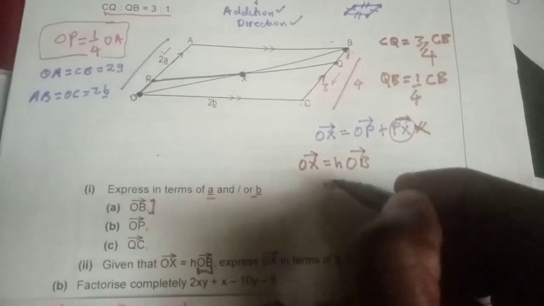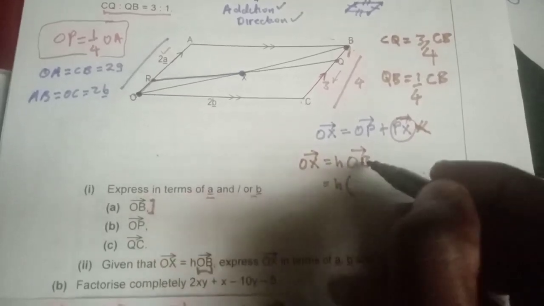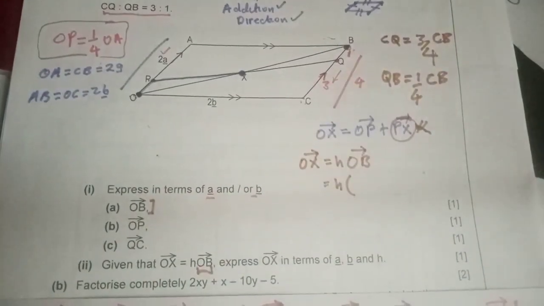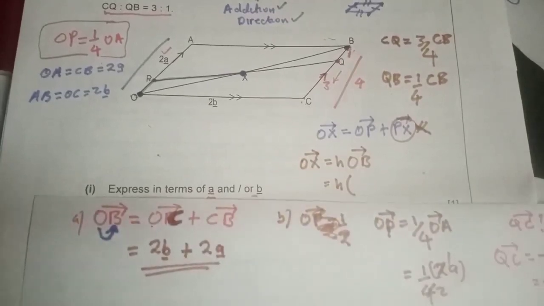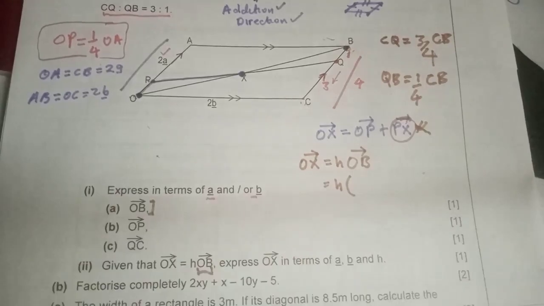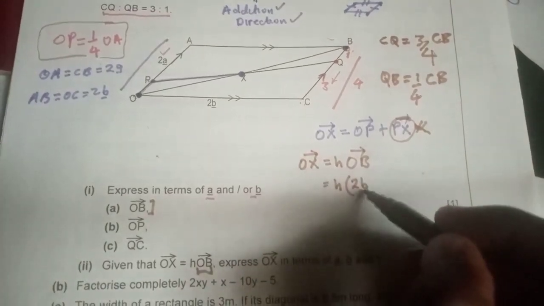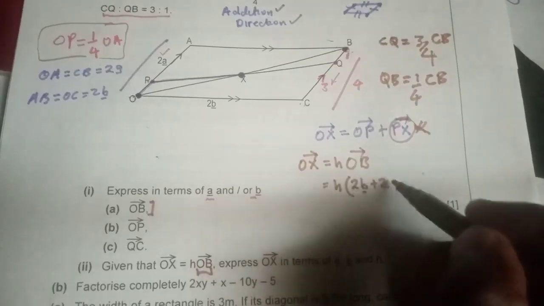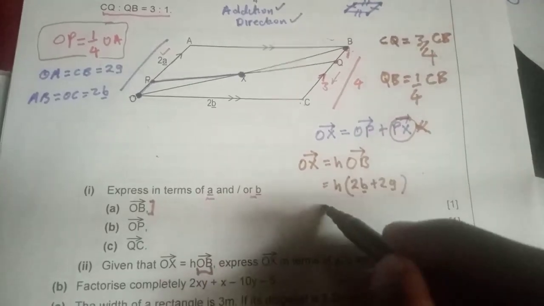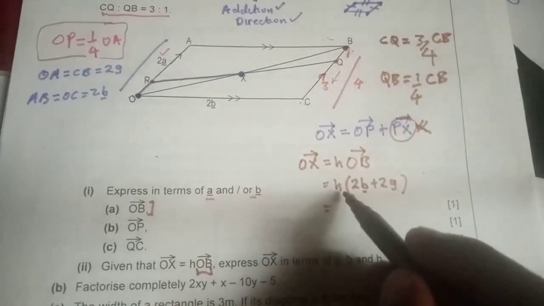So we're going to write our H here. What is our OB? What did we get for OB? We had gotten 2B plus 2A. That's what we're going to write here: 2B plus 2A. Then we expand it.